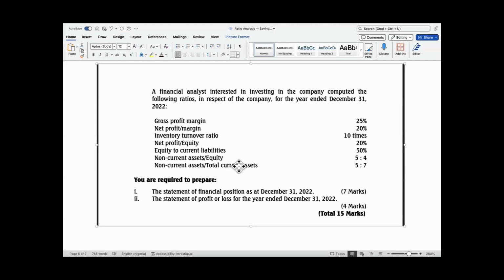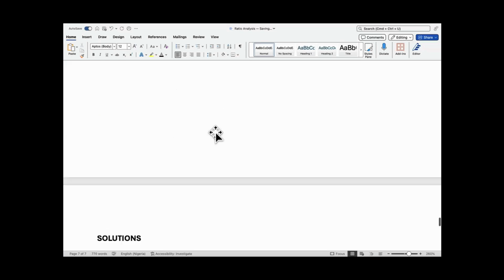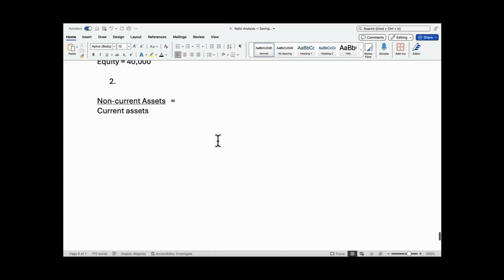I was given non-current assets to current assets as 5 to 7, which is 5 divided by 7.